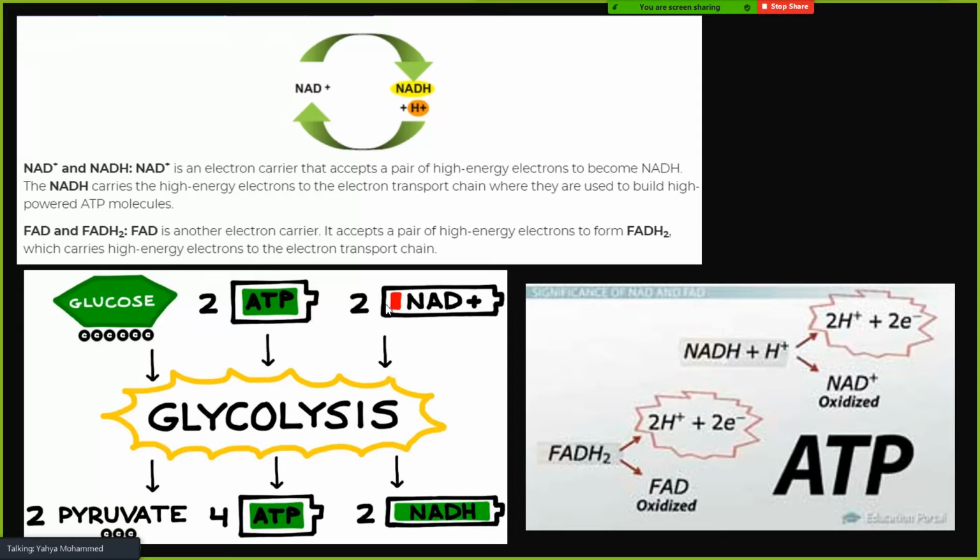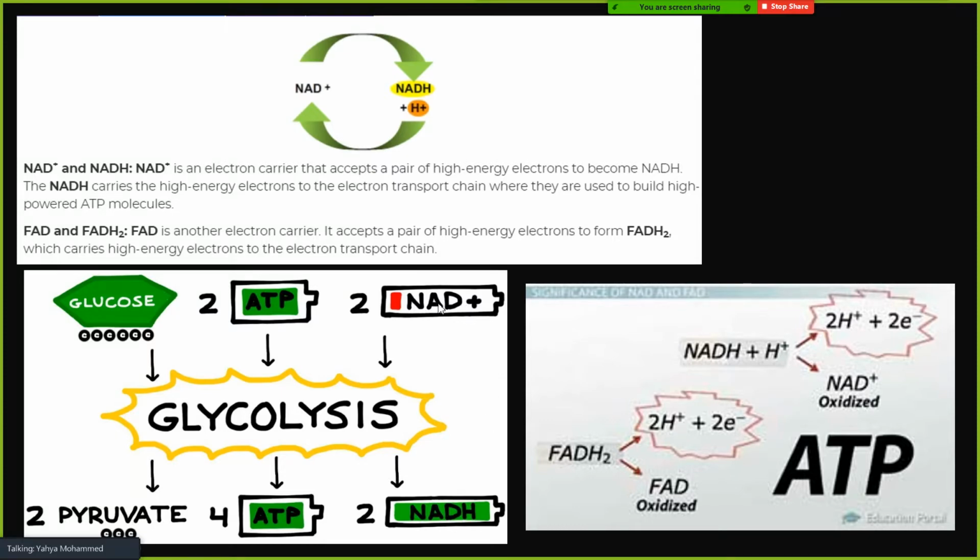So NAD+ is floating around in the cell, and in one part of respiration, it gets charged up. Electrons get put into it, and it turns into NADH. Then the NADH is sent later on somewhere else to do some work, and we're going to find out what work that does.